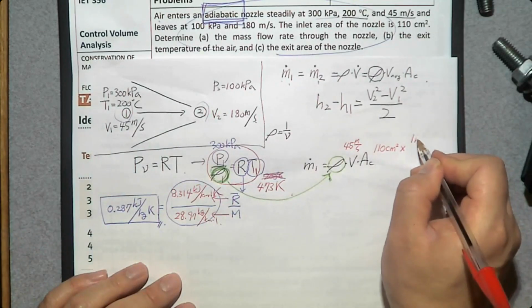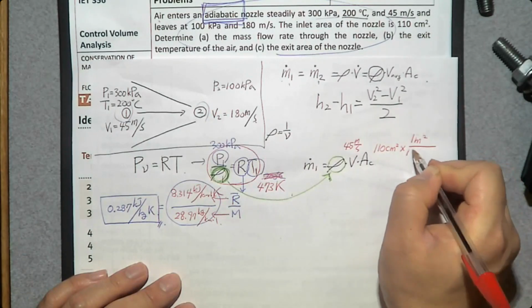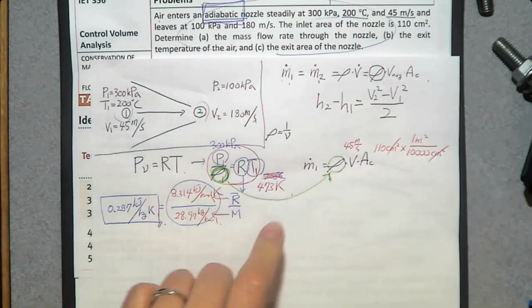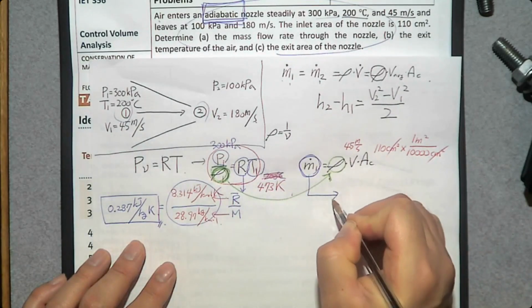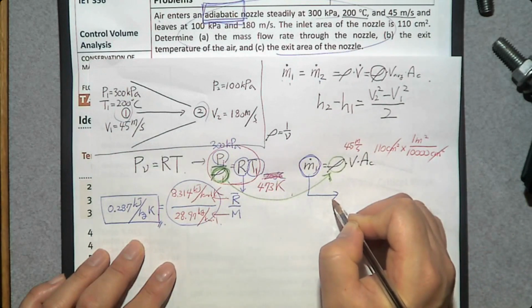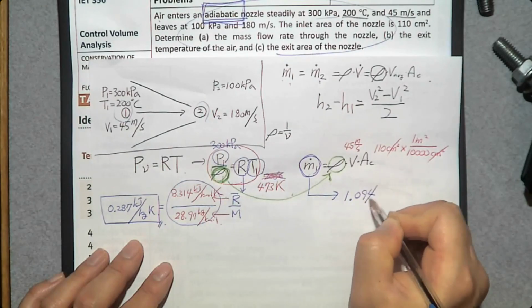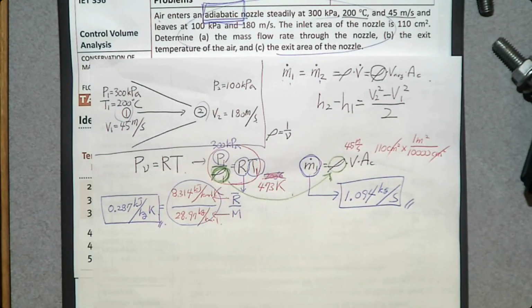Then 1 square meter is not 100 anymore. 100 square. 10,000 centimeters square. Then you get the mass flow rate. If you do the calculation, mass flow rate is 1.094 kilogram per second. That's how you determine the mass flow rate.